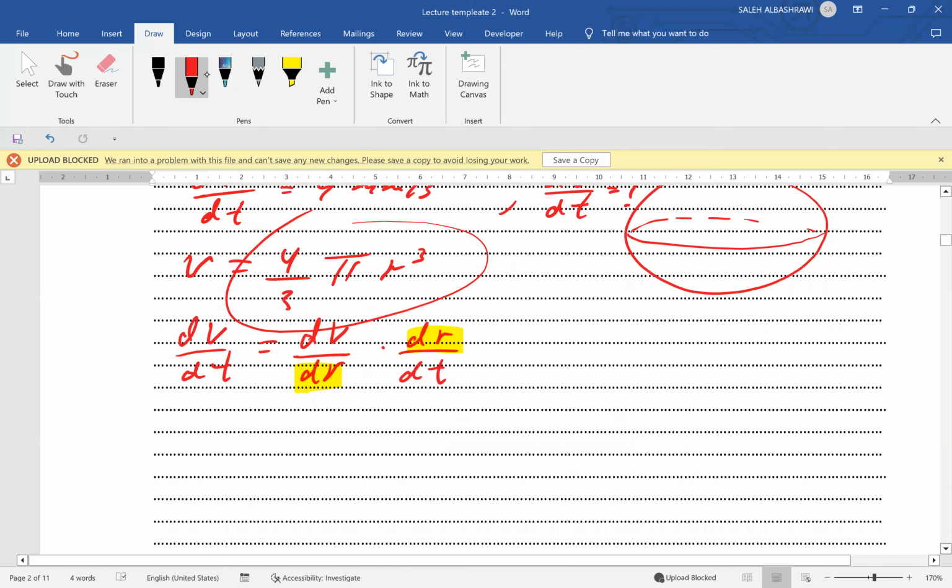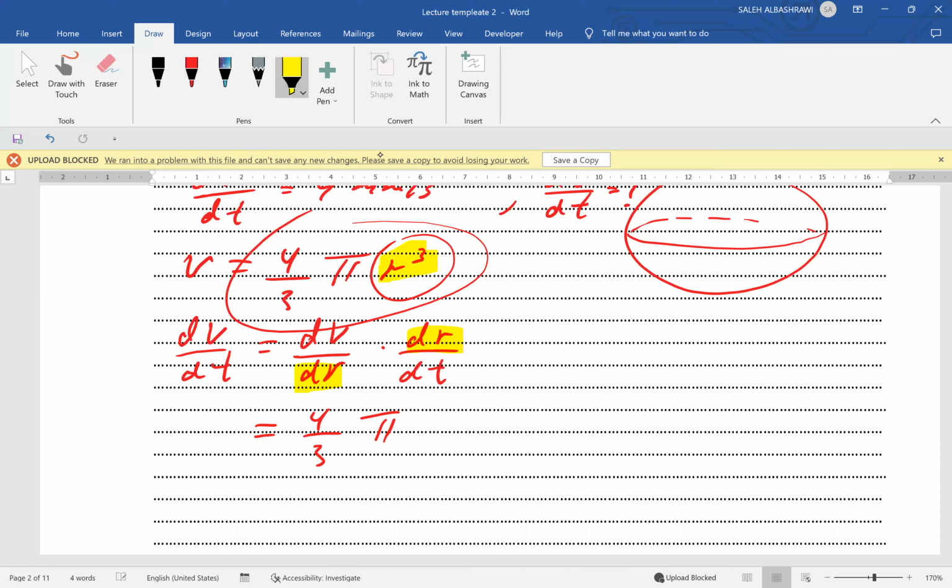So I will have 4 over 3 pi multiplied by the derivative of this function with respect to r. We differentiate this part, which is r to power 3. That will give me 3 r to power 2. This is only the first part, multiplied by dr by dt.